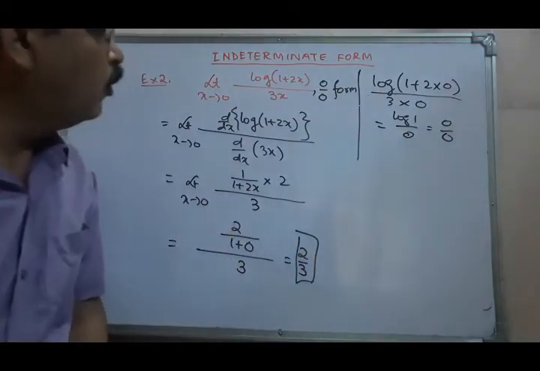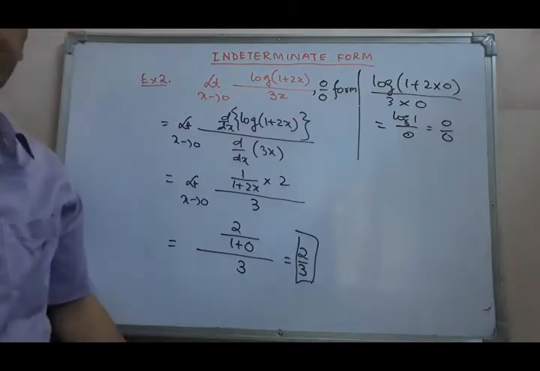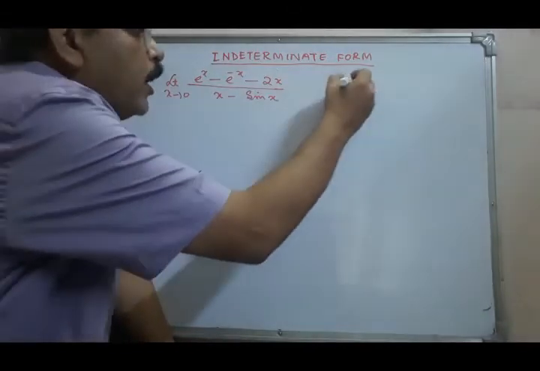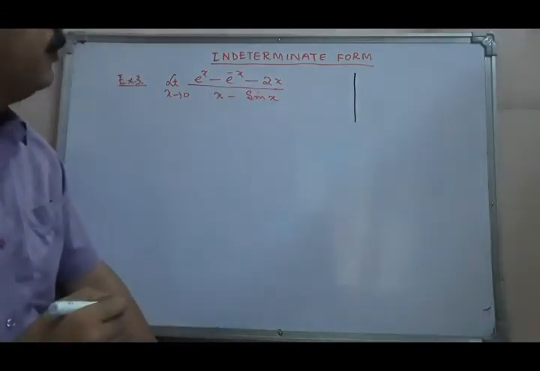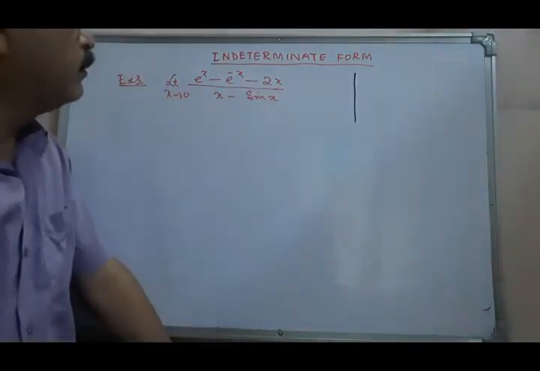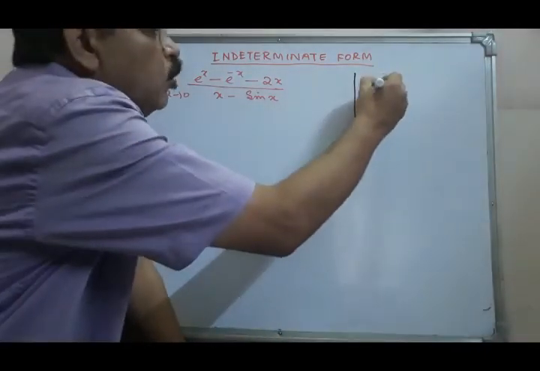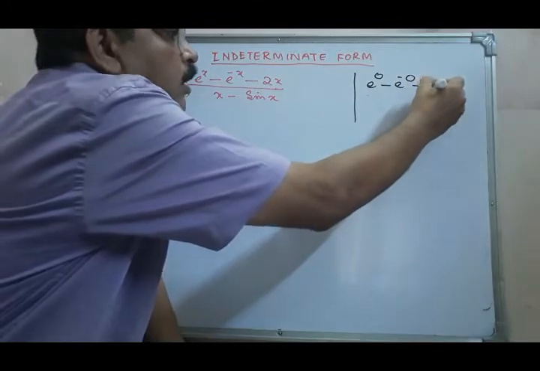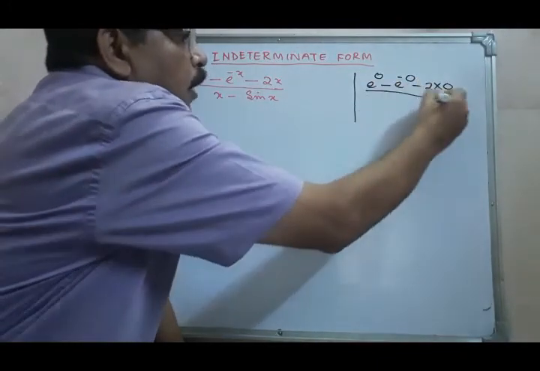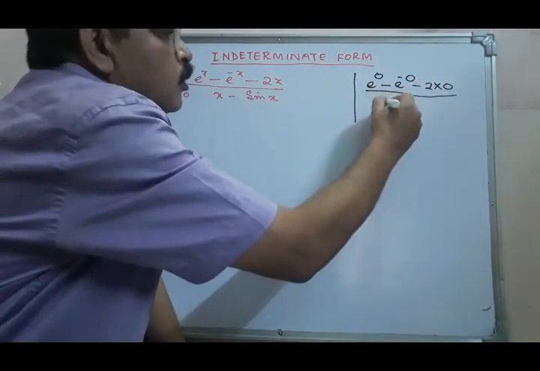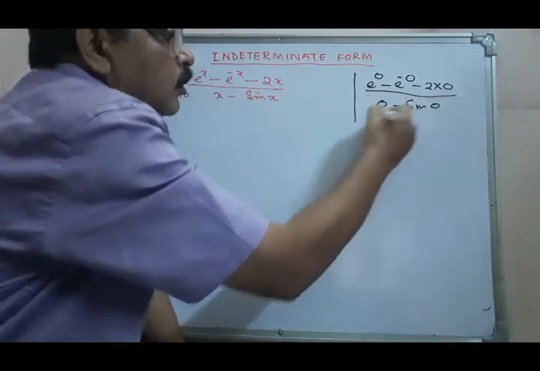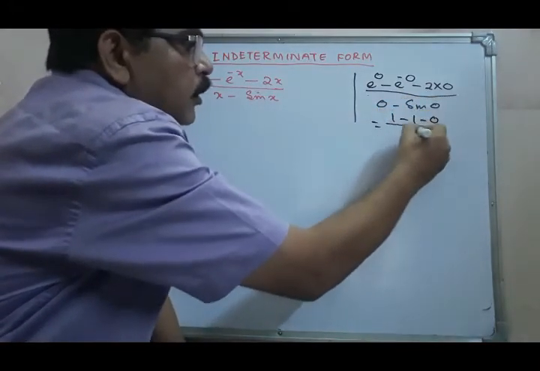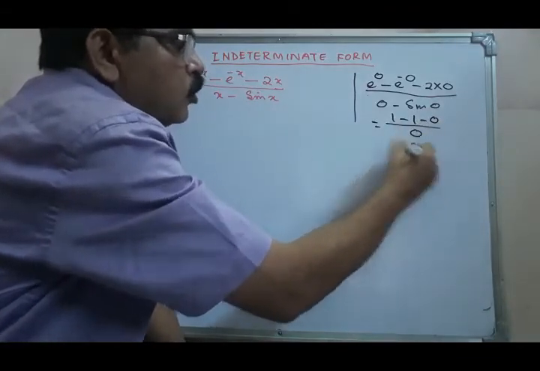Again we are going for example number 3. In this example, let me check whether it gives an indeterminate form or not. Replace the value of x directly. We get the numerator e to the power 0, plus e to the power minus 0, minus 2 into 0, divided by 0 minus sine 0, which is 1 plus 1 minus 0 divided by 0. So 0 by 0 form.